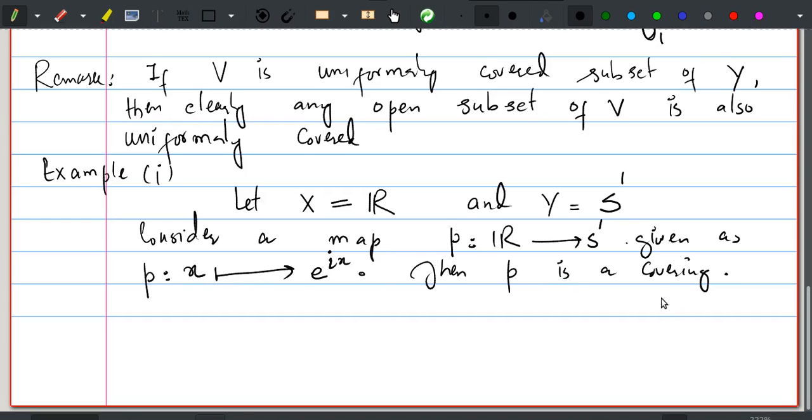Now let us consider a point, say y, equal to e to the power i alpha, in this space S1. Now we pick an open neighborhood of this point y in S1.